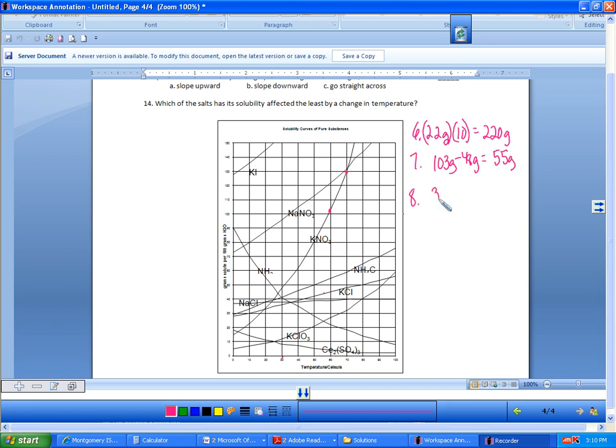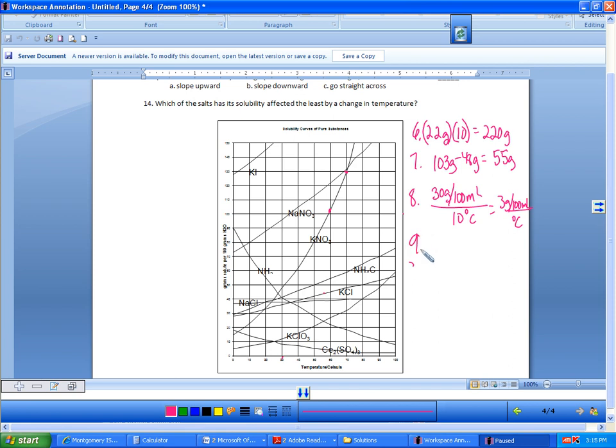So that looks like about 30 grams per 100 milliliters of water over 10 degrees. So I took 30 over 10, and got 3 grams per 100 milliliters per degree Celsius. Okay, so that was number 8.